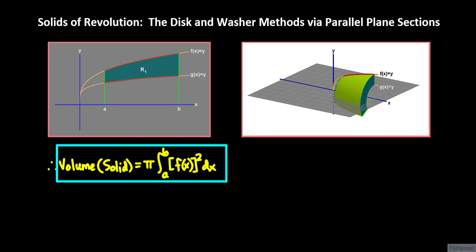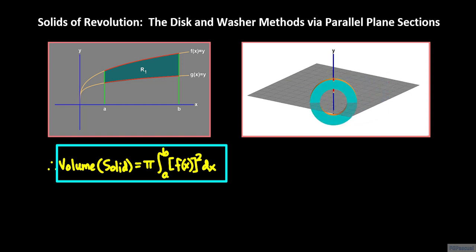Observe that rotating R sub 1 around the x-axis, we end up with a hollow where there was none before in the middle of the solid. Now each parallel plane section corresponding to this solid of revolution looks like a washer.